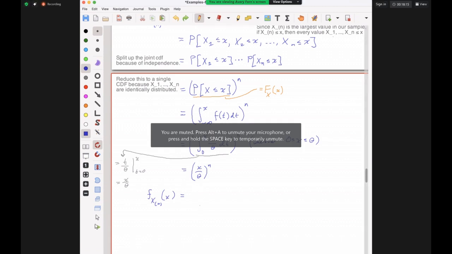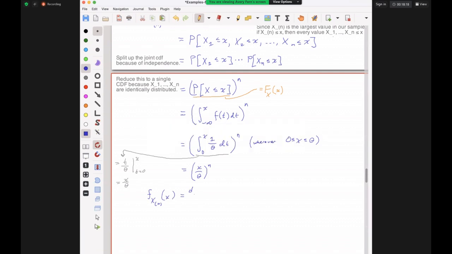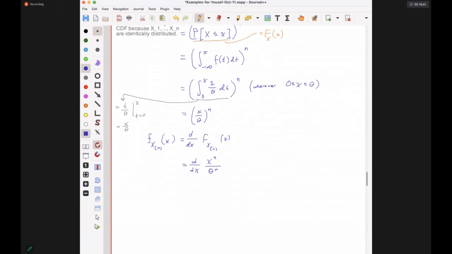And so here we're going to take the derivative with respect to x of f sub x parentheses n of x. Just d dx. I'll write this as x to the n over theta to the n. And what is that derivative?